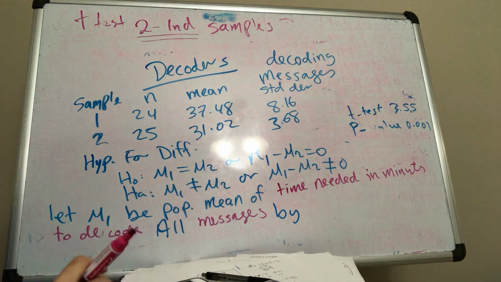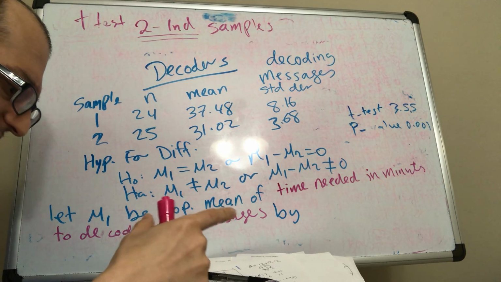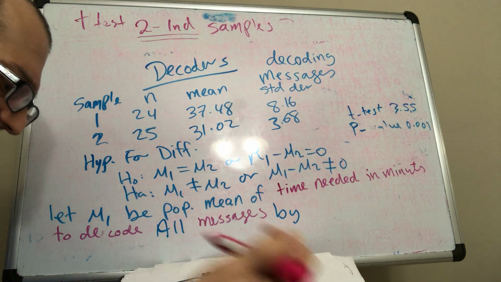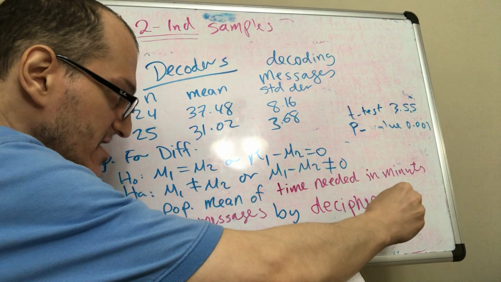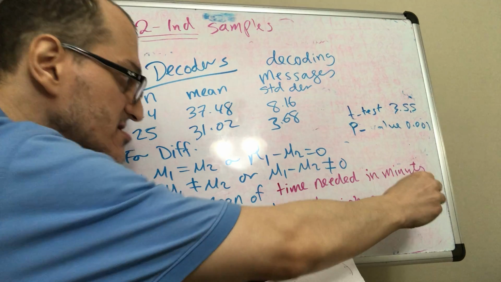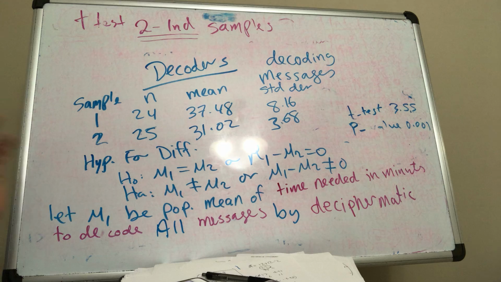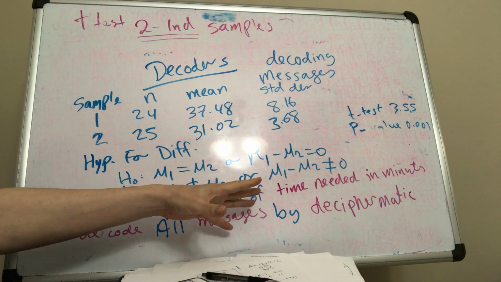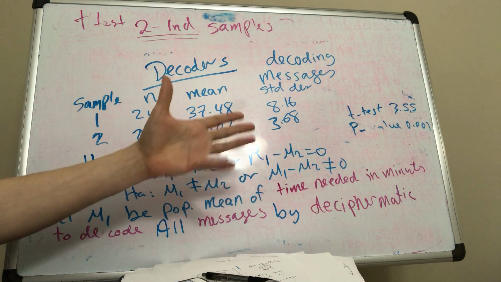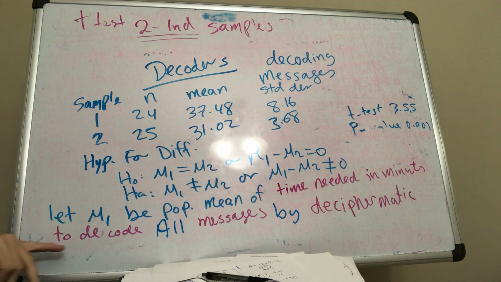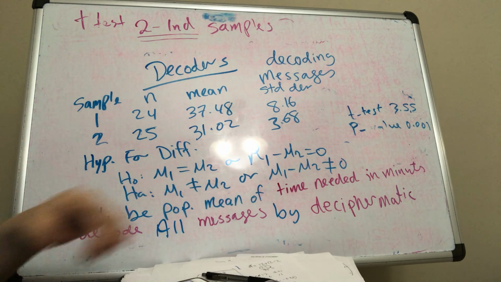And group 1, the name of group 1 was given in the question. It's a kind of a device for decoding. It's called Deciphermatic. So this is how you define mu1. Everything in blue is standard, but the mean, you take it from the question what the mean is, and if there is a unit of measurement, you have to say in minutes, seconds, hours, whatever, and what the sample is, and what the name of the group is.